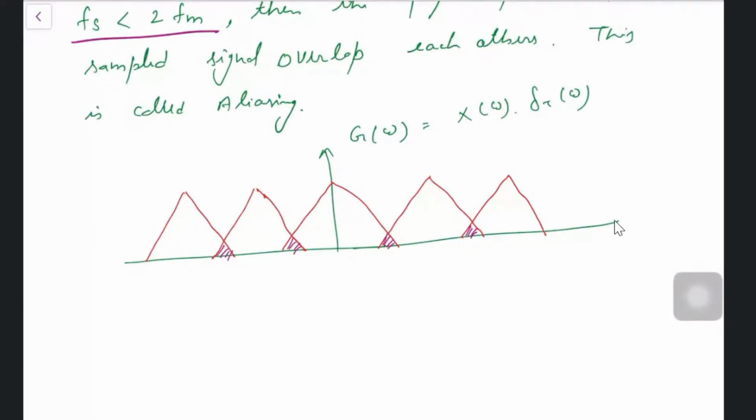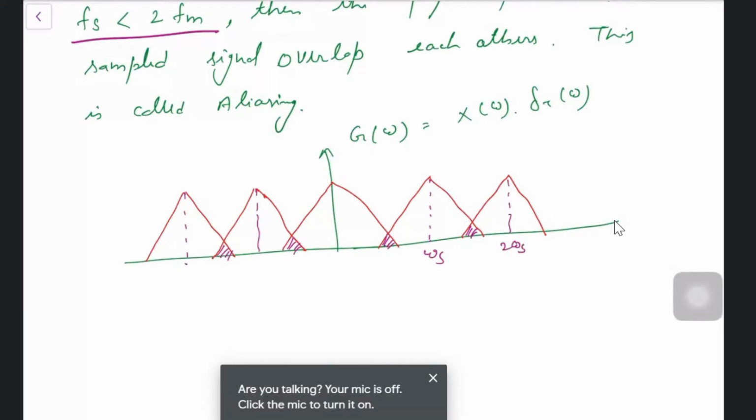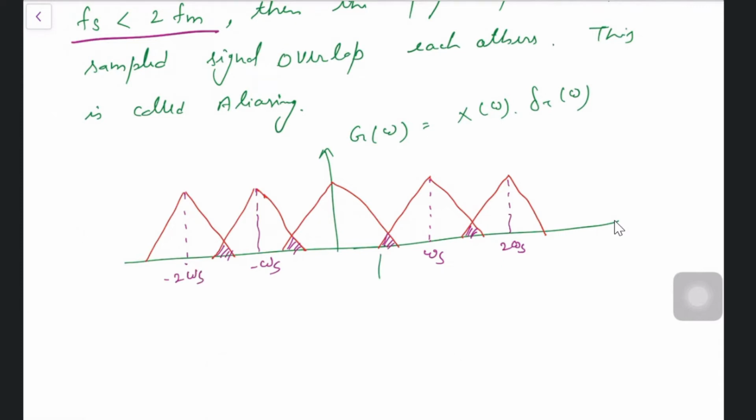This is your sampling frequency: omega s, 2 omega s, 3 omega s, in this way, minus omega s, minus 2 omega s. At this point this is omega s minus omega m, and at this point this is omega s plus omega m.